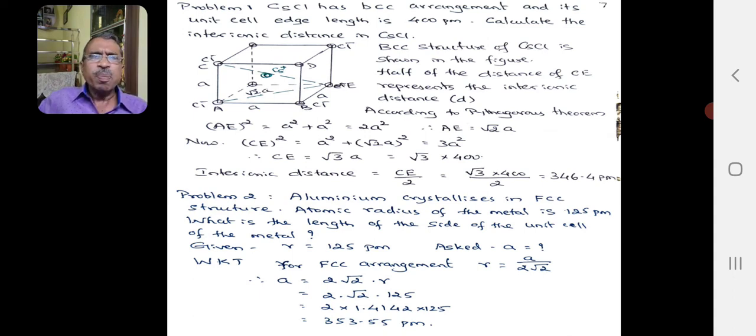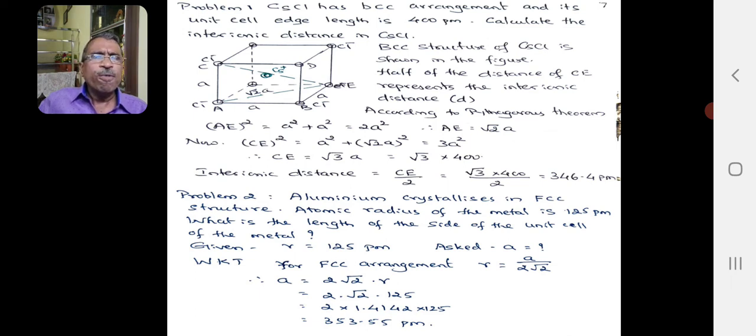Coming to another problem, aluminium crystallizes in a face-centered cubic structure. Atomic radius of the metal is 125 picometer. What is the length of the side of the unit cell of the metal? In this problem, the radius is given, that is 125 picometer, and what is asked is the edge length, that is a.